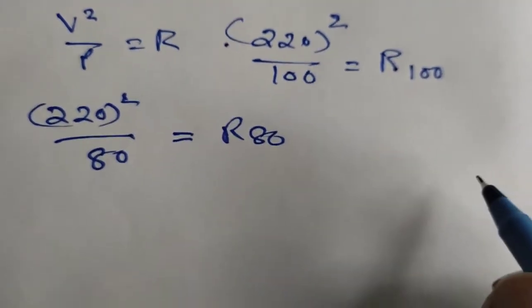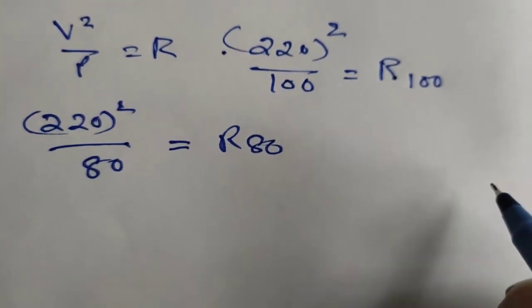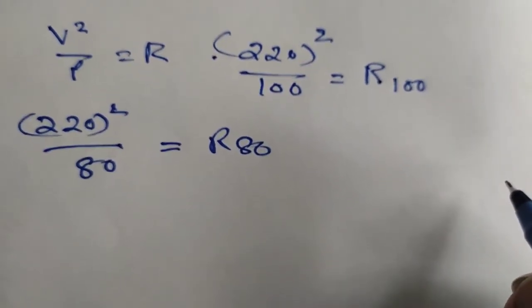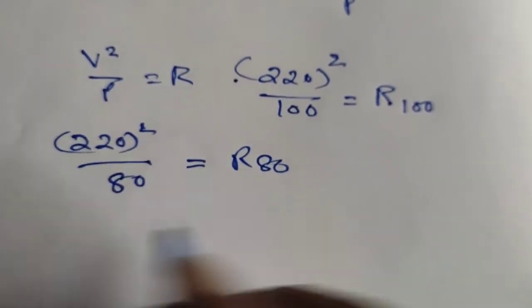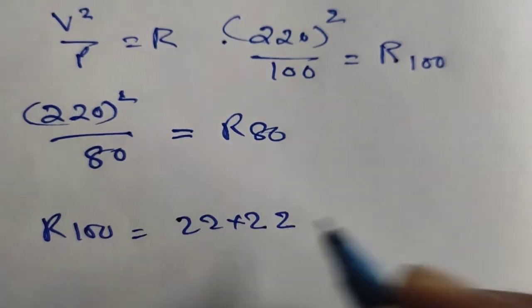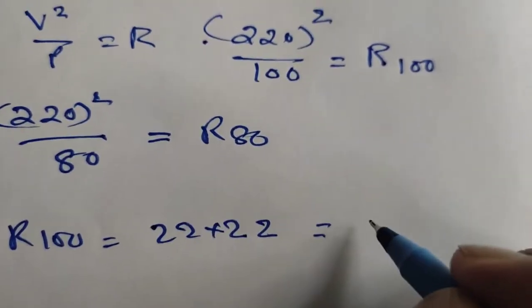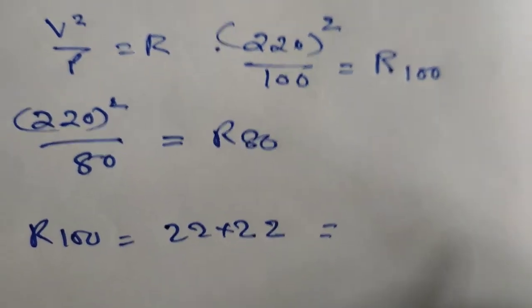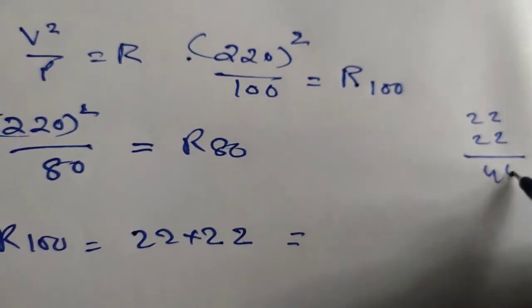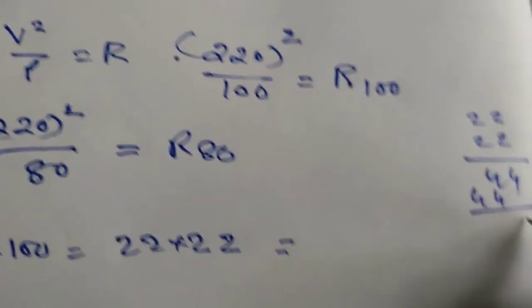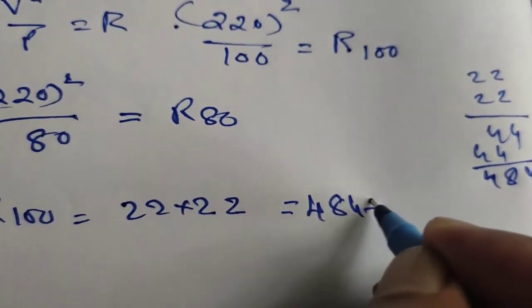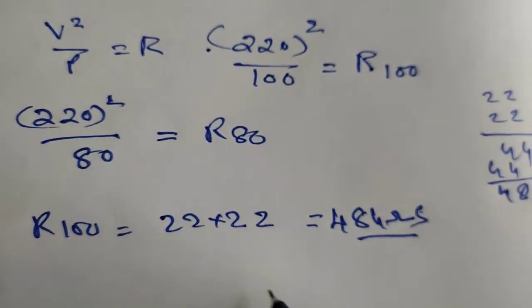Now 220 squared by 100 is 220 into 220 by 100. That is 22 into 22, so R100 is equal to 22 squared, which is 484 ohms. That is R100.